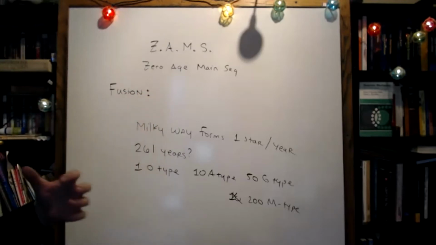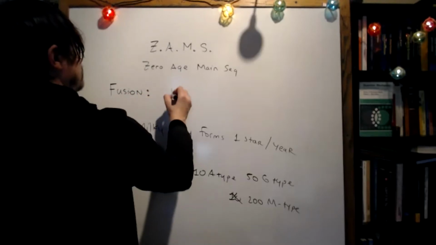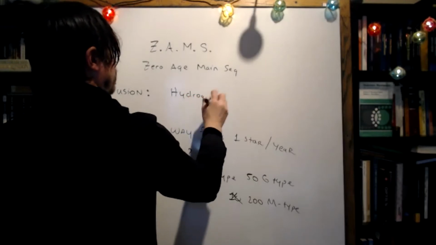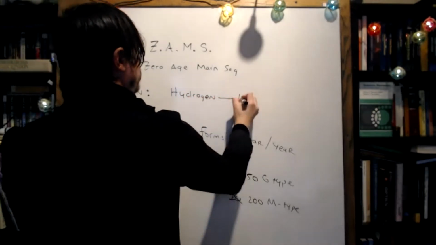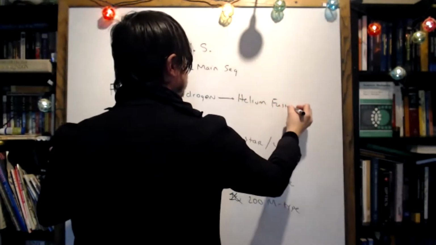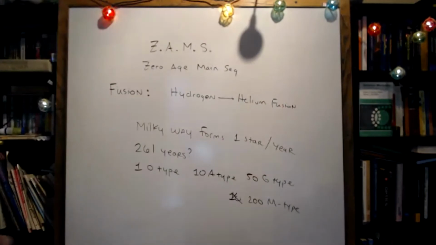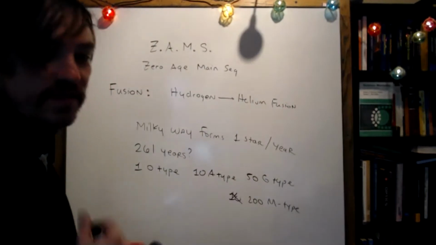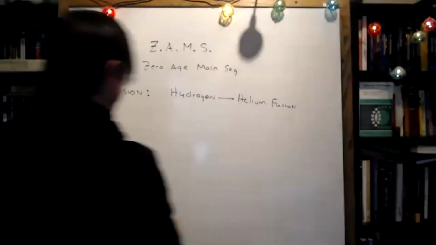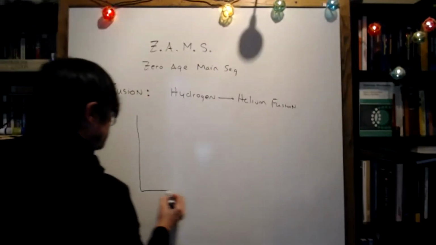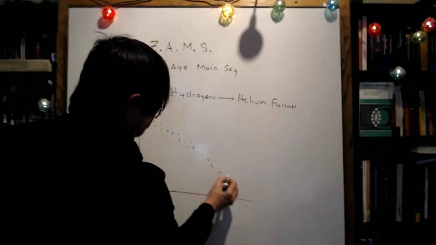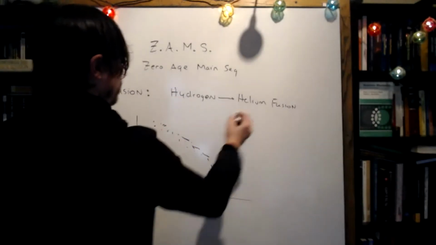The fusion that it begins to undergo is hydrogen to helium fusion. And the hydrogen to helium fusion will place the star right along the main sequence. So depending on what its spectral type is, the star will end up here along this diagonal line.